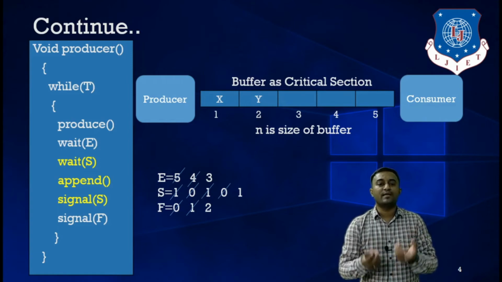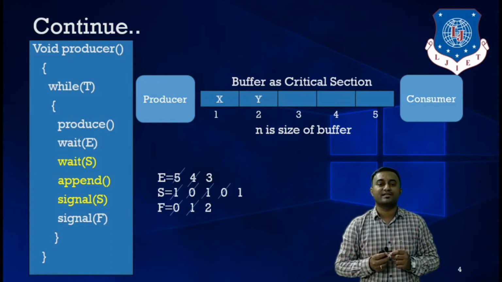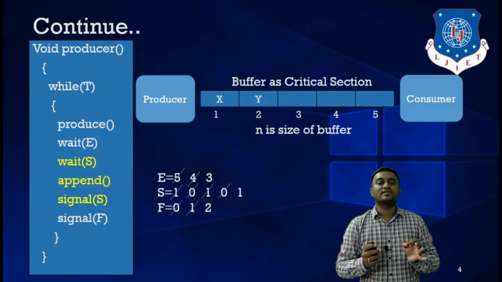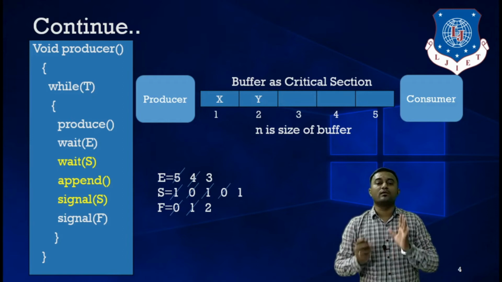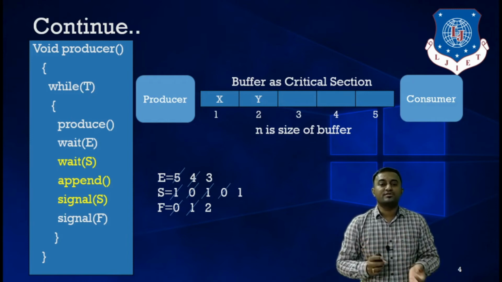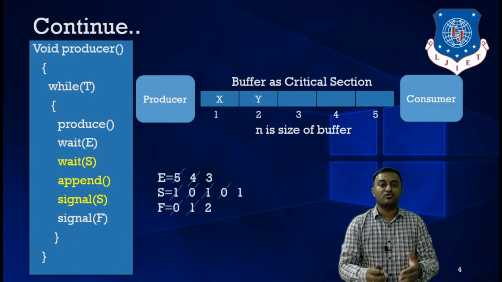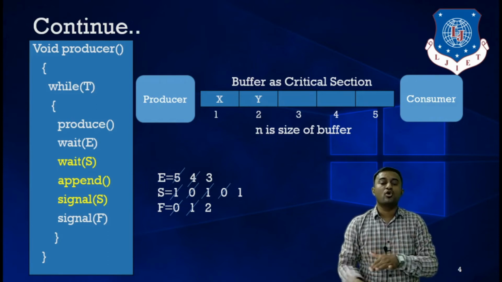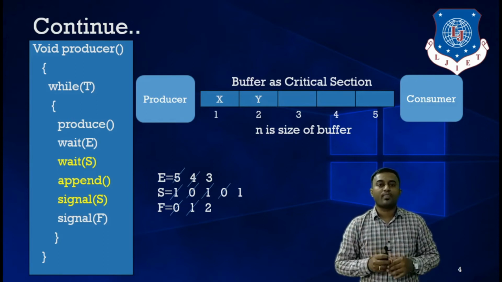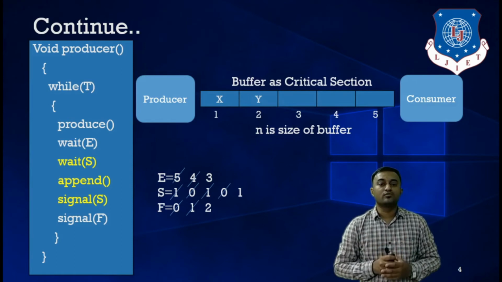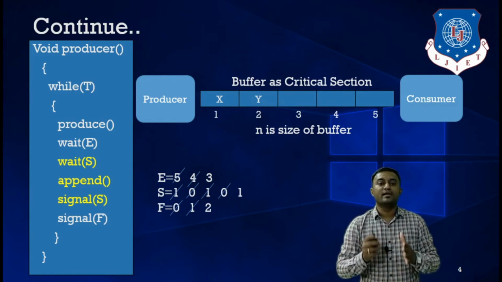So it means at a time only one process can enter into the critical section. The initial value of S was 1. Now wait on S means it will be decremented by 1. Once the producer is producing something, at that time no other consumer can consume something. That's why we have used this semaphore.